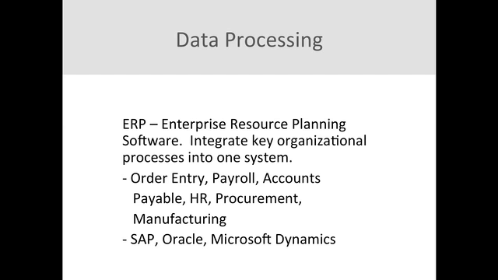Typically these are order entry, payroll, accounts payable, HR, procurement, manufacturing, and there are several others that you can roll into this, but it's software that's designed to manage your entire corporation. Vendors that provide these services are SAP, Oracle, and Microsoft Dynamics. These are just a few. There are many others out there, but these are just a few of the larger ones in play today.